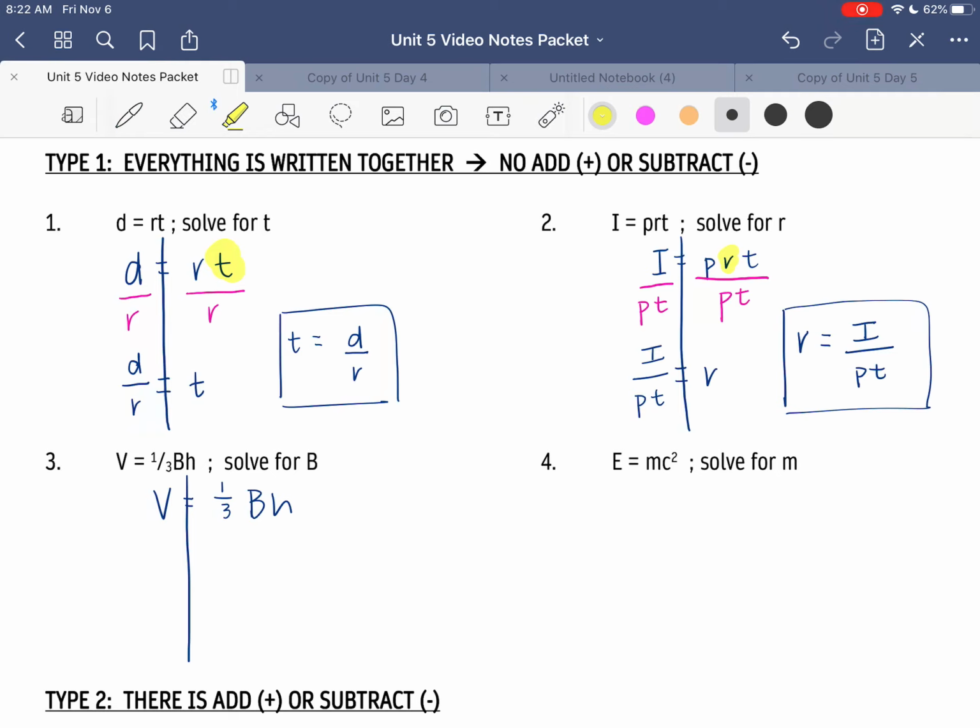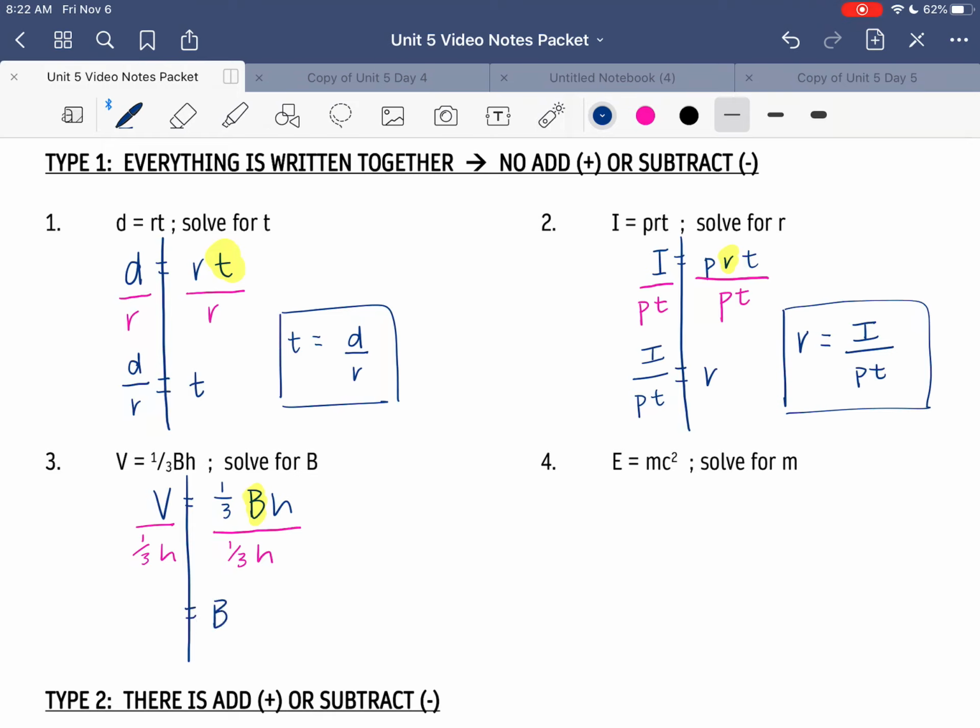So if I'm trying to get B by itself, I need to divide by the 1/3 as well as the H. For a problem like this, I would just do them in the same step because they are both being divided. So we're going to divide by 1/3 H on both sides.